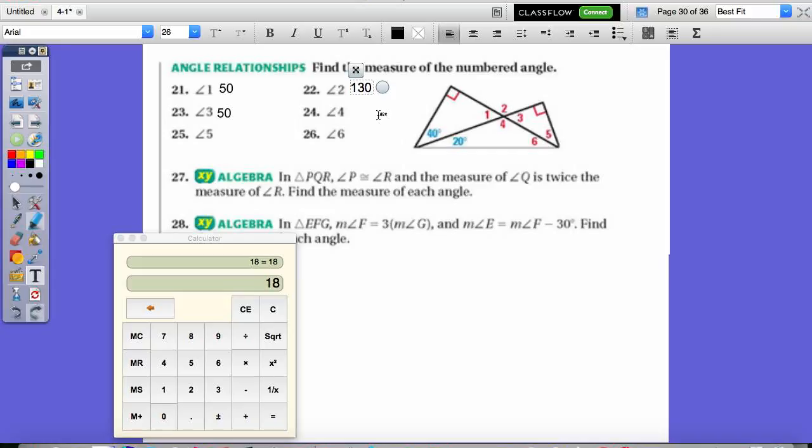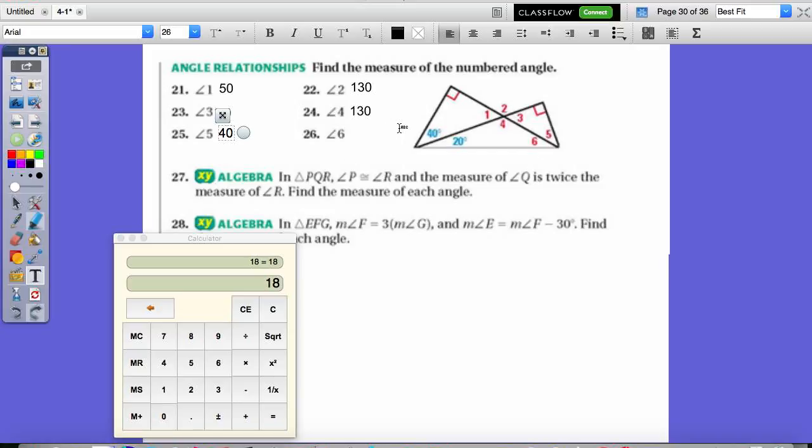If angle 2 is 130, angle 4 is 130 also because they're vertical angles. So now, if angle 3 was 50, then angle 5 has to be 40. Because 50 plus 40, they're complementary, makes 90.